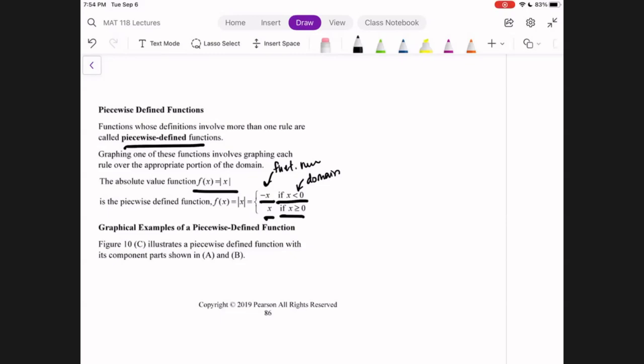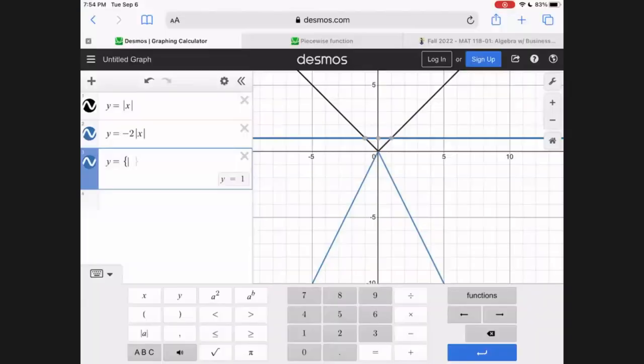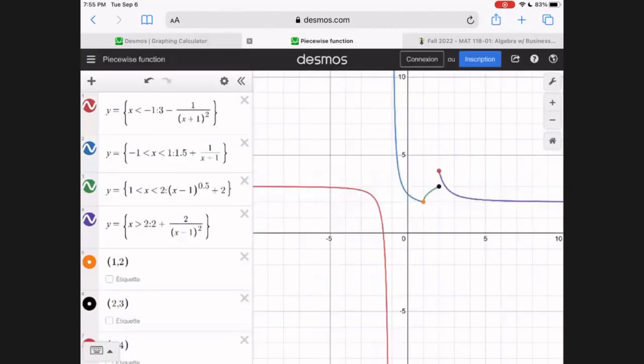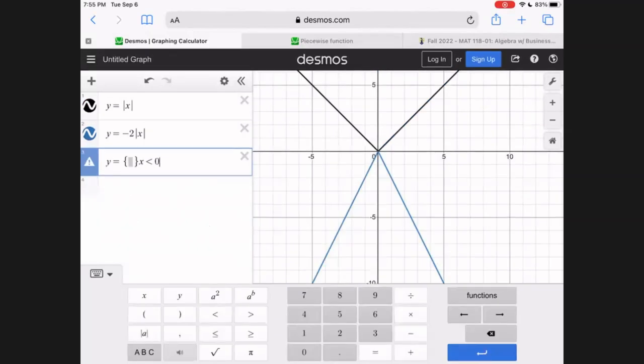In Desmos, you have to put the domain restriction first. So I would say x is less than 0.